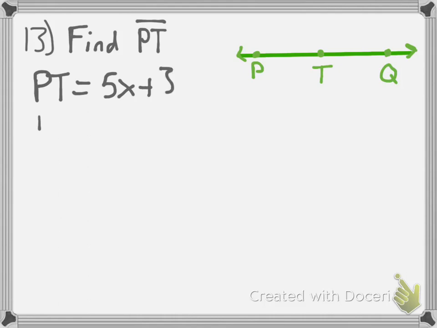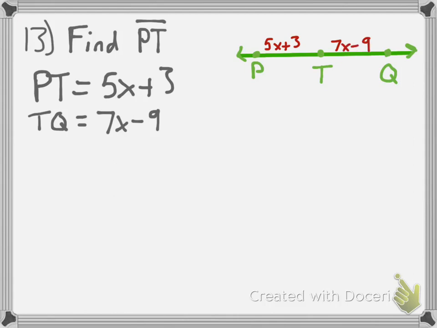So the length from P to T right there is 5x plus 3. Let's put that in our drawing. Okay, so we had the 5x plus 3 on PT. Also, TQ, the length from T to Q, is equal to 7x minus 9. So if we do the same thing, come to our drawing, we will make this 7x minus 9.